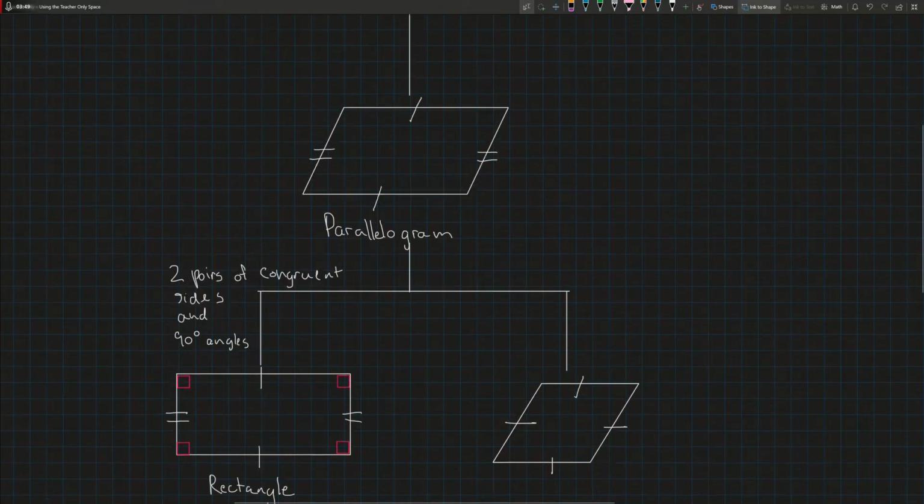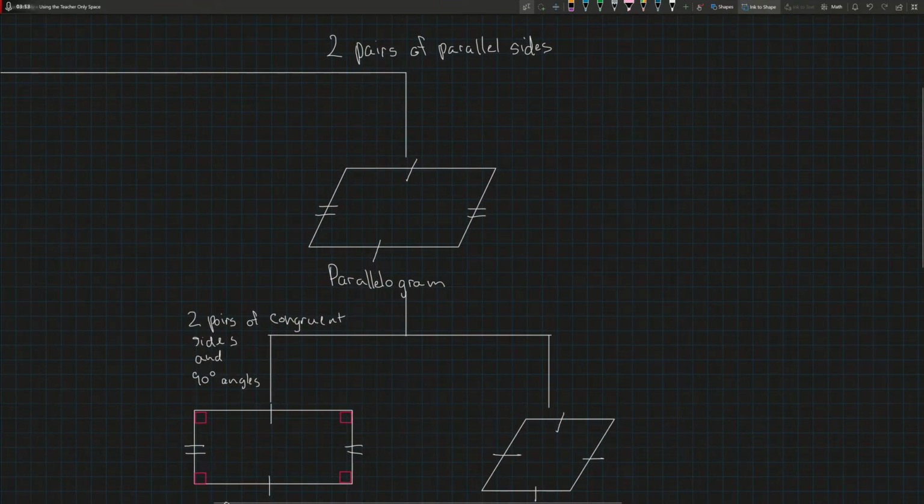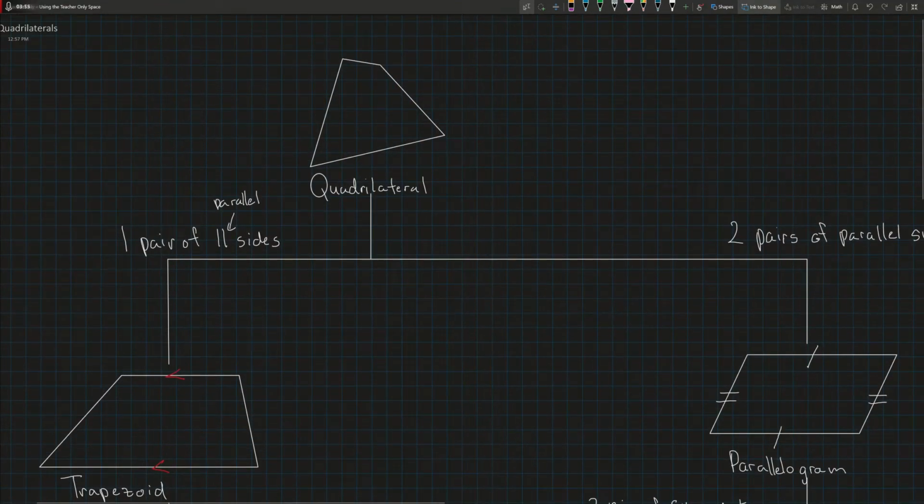So a rectangle is a type of parallelogram, which is in turn a type of quadrilateral.